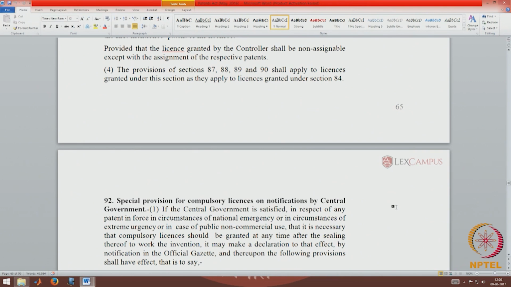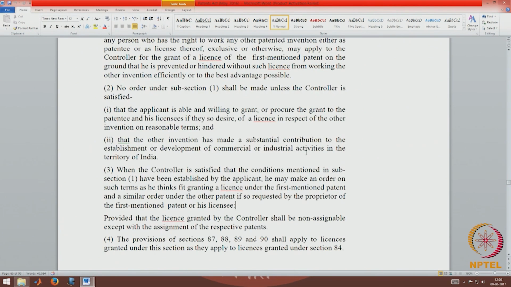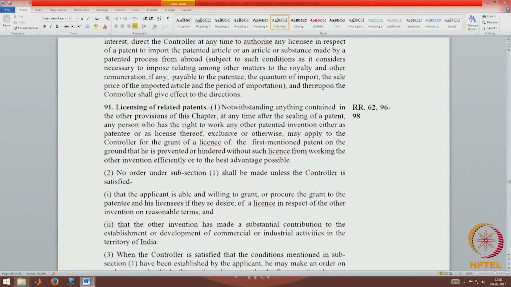So we can understand 91 as a fast track procedure, in the sense that the 3 grounds under 84 need not be satisfied. The 3-year waiting period is also not there. So in that sense it's fast track, and the only requirement is that the applicant needs to show that the patents are related, and the applicant should be willing to grant a cross license of his own patent, and the invention for which he is seeking a license should have made some substantial contribution.